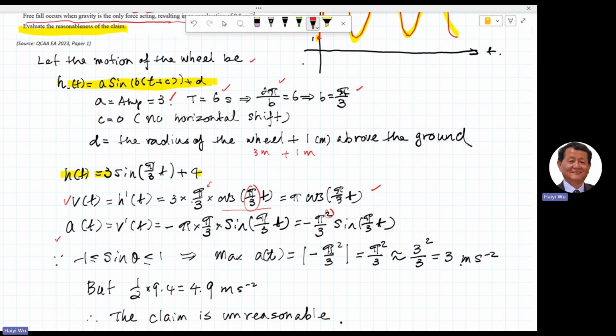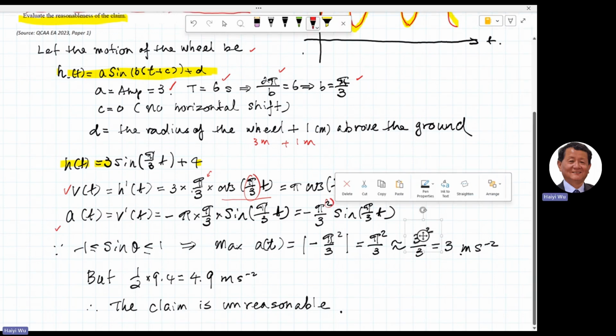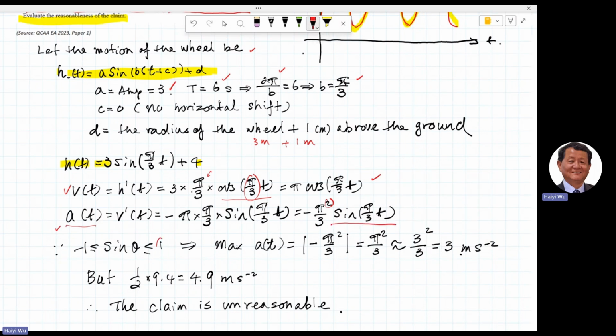So now we need the maximum acceleration. How do we get a maximum? We know the maximum value of sine is 1, doesn't matter what the angle is.